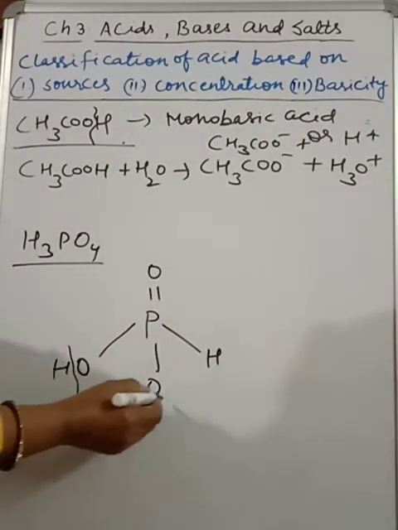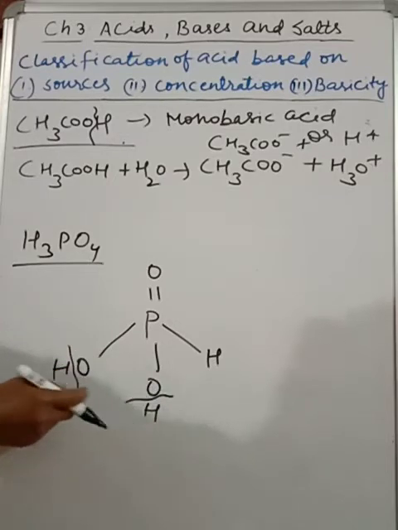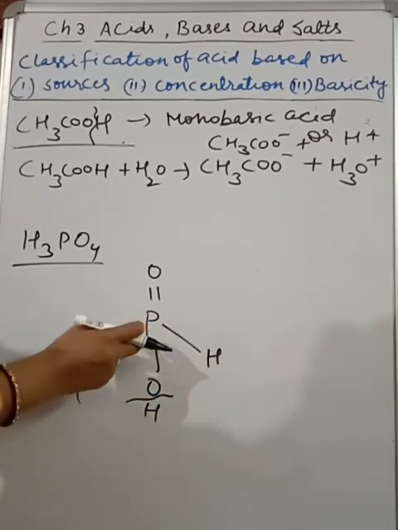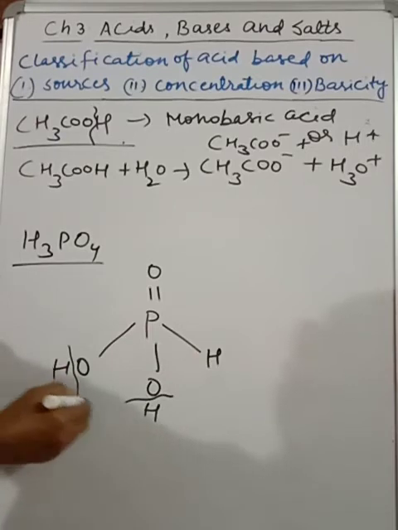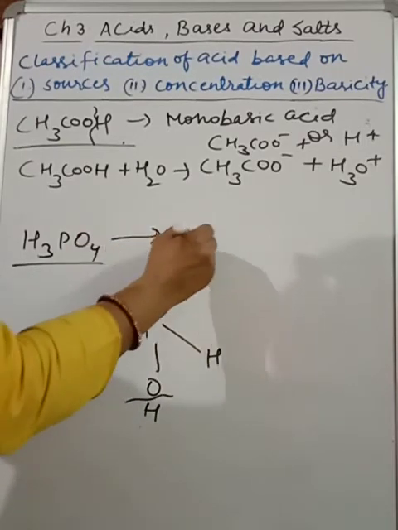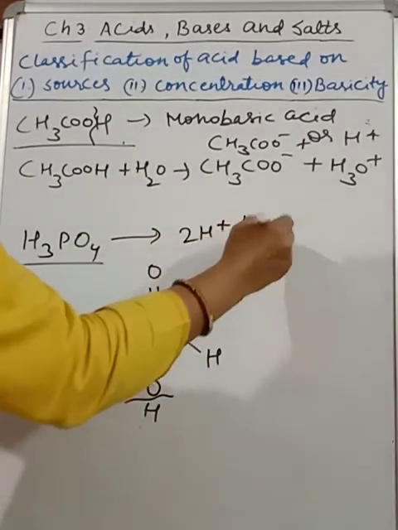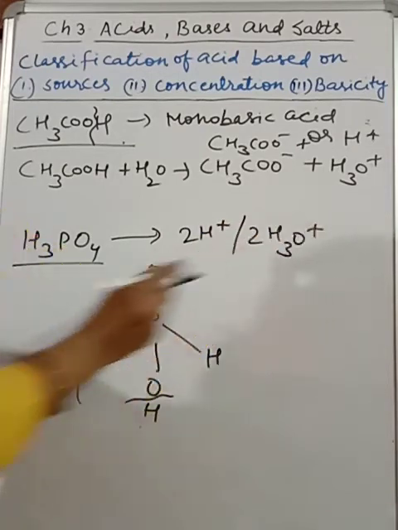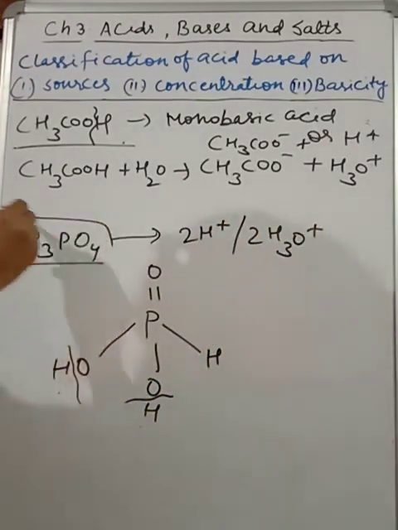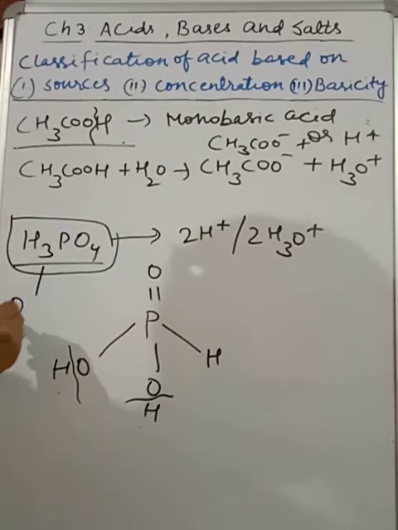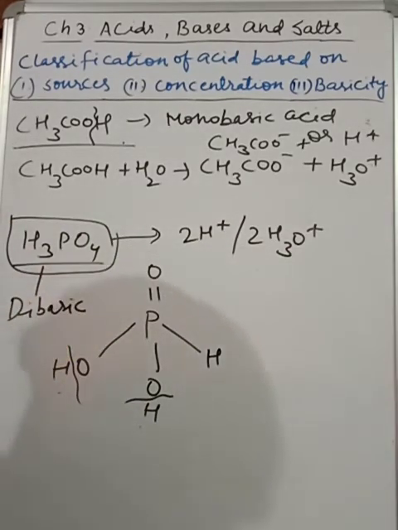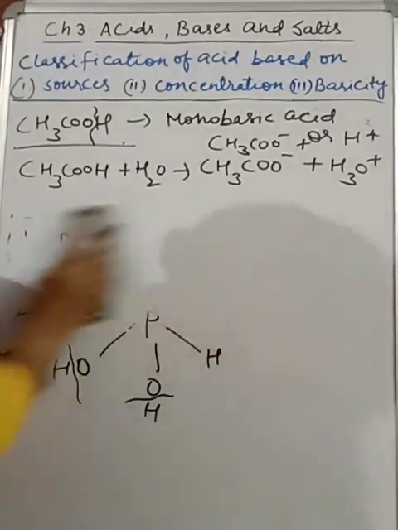Only these 2 hydrogens are attached with oxygen. This one is directly attached with phosphorus. So only these 2 are replaceable. That's why it is able to give you only 2 hydronium or hydrogen ions. That's why, in spite of 3 hydrogens, it is dibasic. Clear, children? Now come towards the next point, that is tribasic acid.